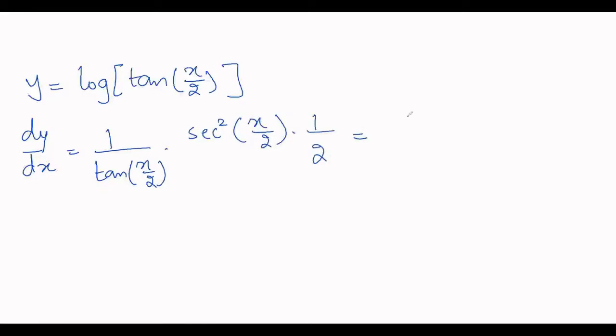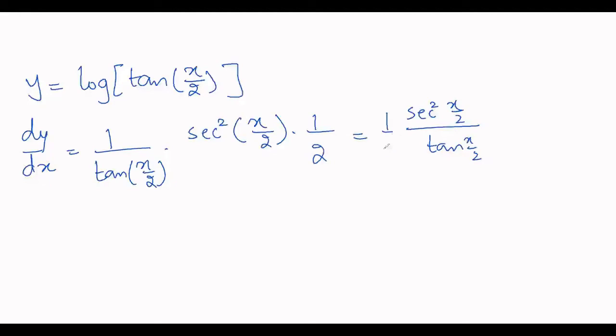So I can write my answer here as secant squared x by 2 divided by tan x by 2, and you have 1/2 here.